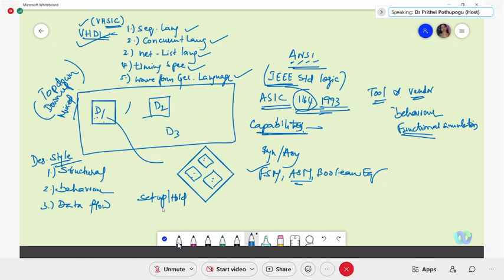All that can be provided in your VHDL. The designs can also contain user defined information. You can define your own information, not only universally acceptable information.